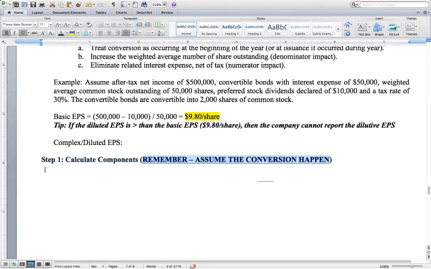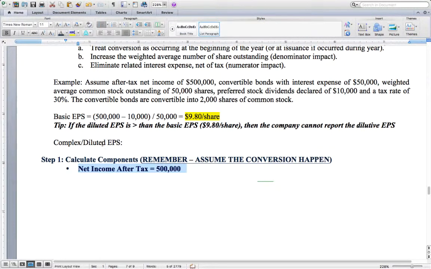So in our numerator, the first component is net income after tax. That is 500,000. As we noted here, you will eliminate the related interest expense. This is a numerator impact. That is the next component here. We need to eliminate the interest expense.